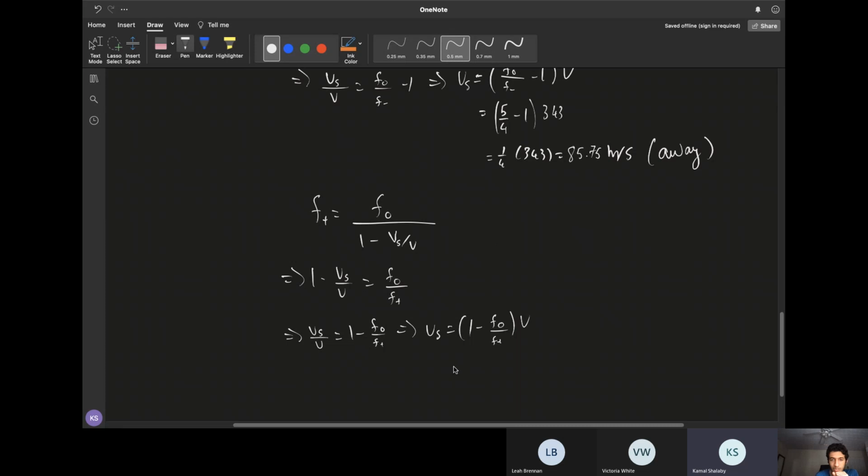Yes, that is what I was hoping for. So we'd have 1 minus 5 over 4, multiplied by V, which is equal to negative a quarter of 343, which is negative 85.75 meters per second.